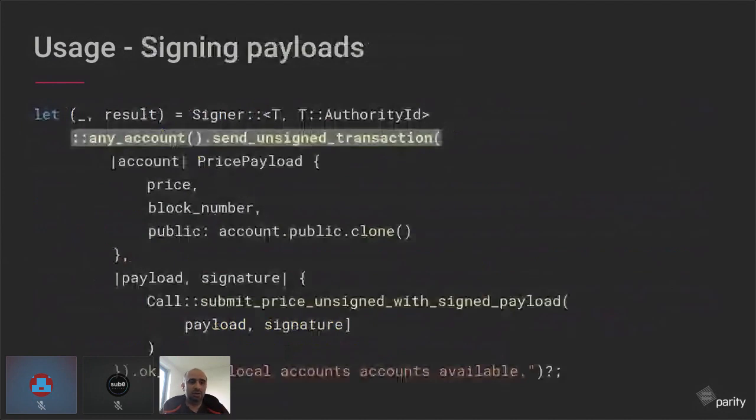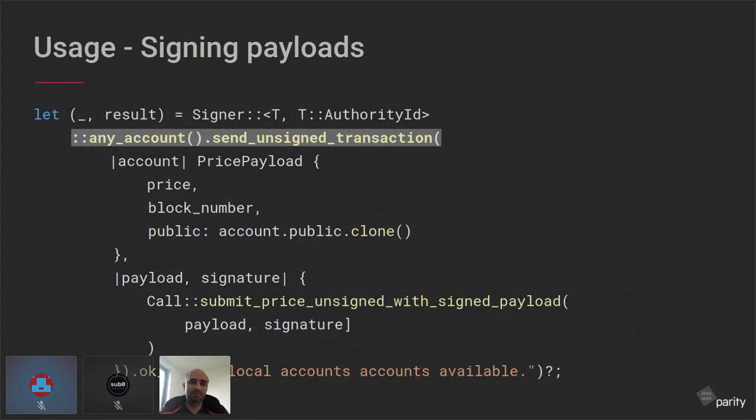So this is the last example that we're going to give, which is about submitting unsigned transactions with signed payloads, and this is the new functionality that we've introduced here. It's very similar to the way we sent signed transactions, but in this case, what we're doing is calling send unsigned transaction, and we're passing two closure parameters.